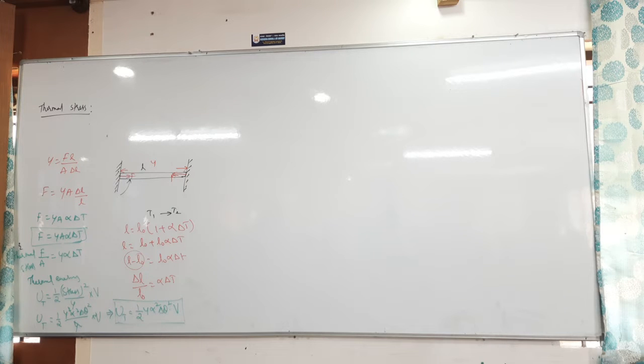Write a problem. A steel wire of length 20 centimeters and uniform cross section 1 millimeter square is tied rigidly at both the ends.